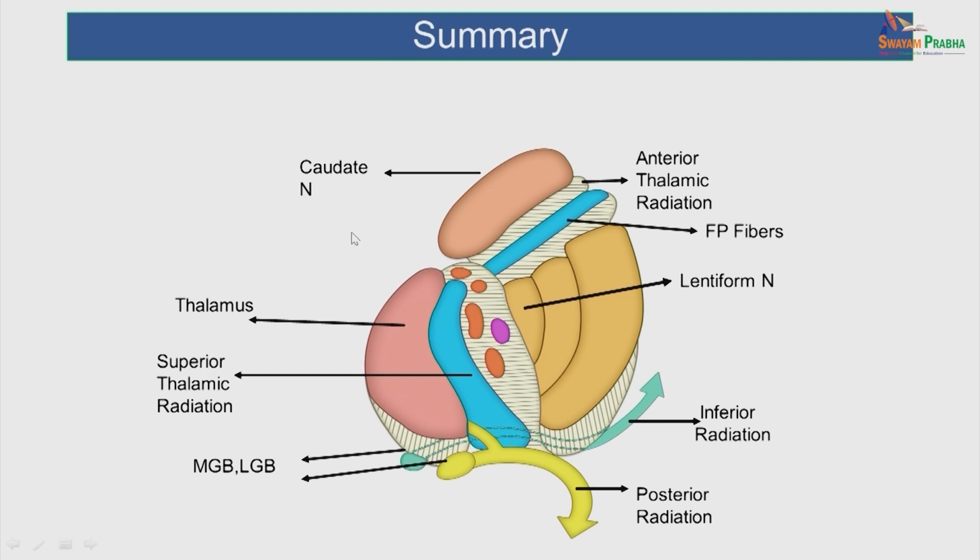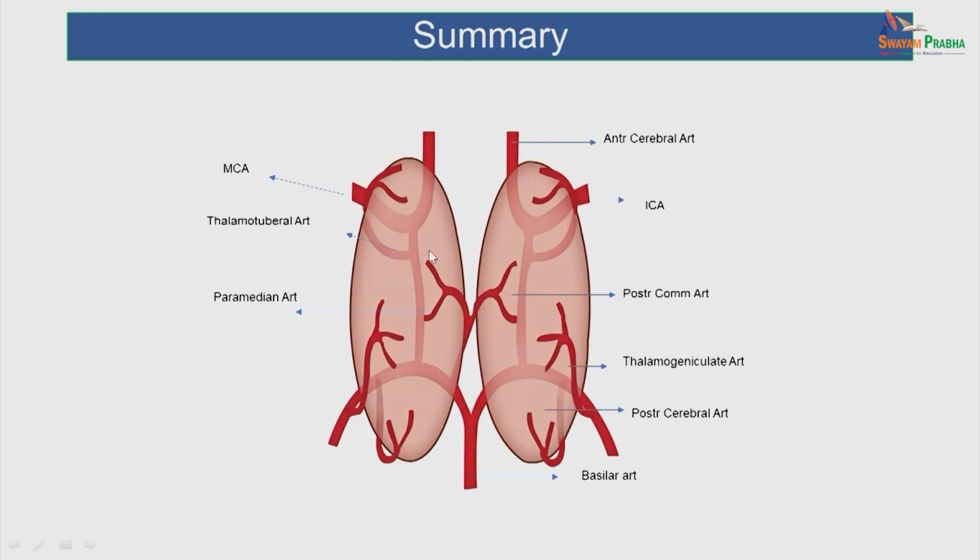Then we have the internal capsule, which conveys the four radiations: the anterior thalamic, the superior thalamic, the inferior thalamic and the posterior thalamic radiation. Now coming to the blood supply, the perforating arteries supply the thalamus on the medial and lateral surface and anterior and posterior part.